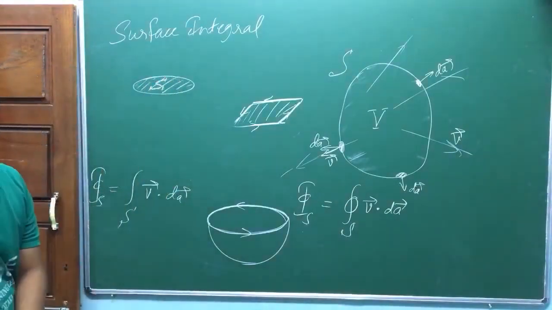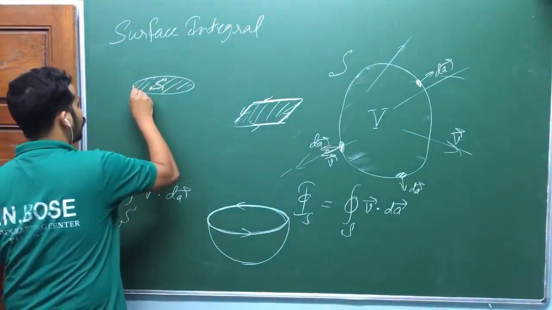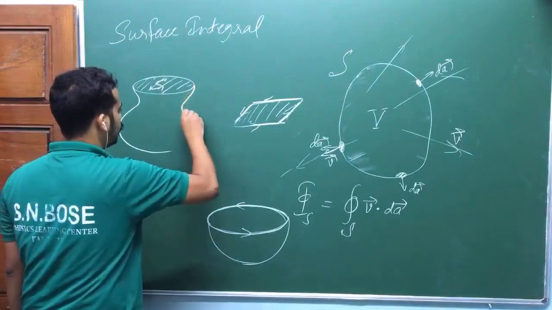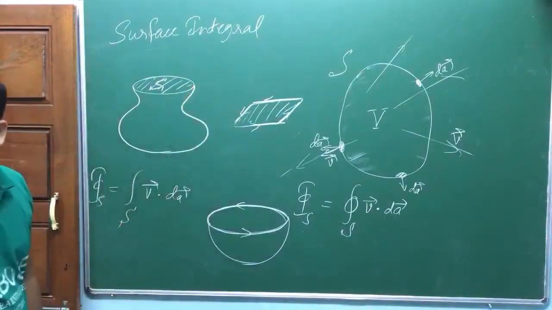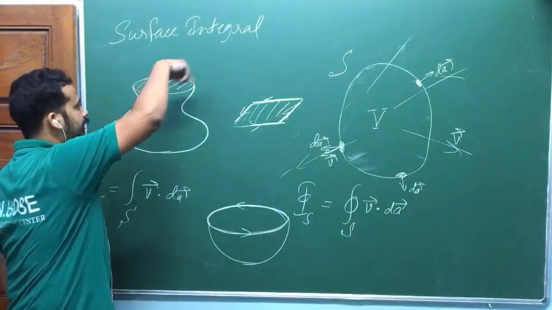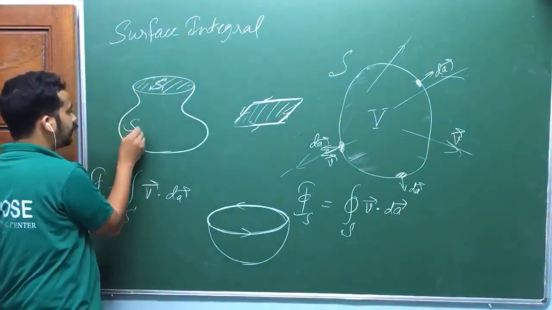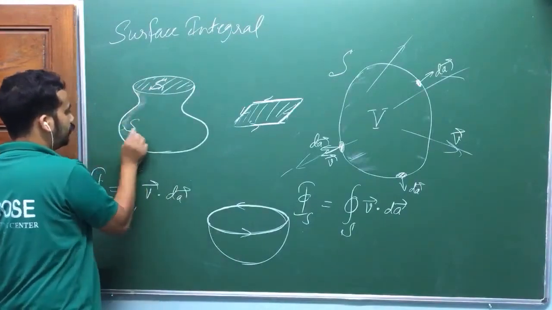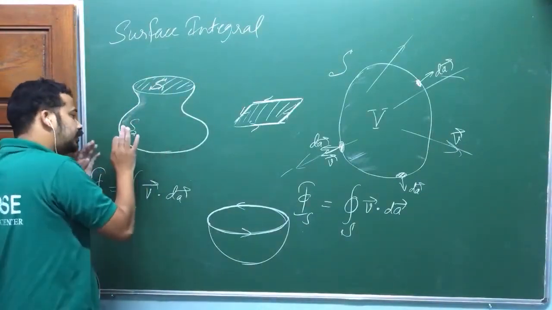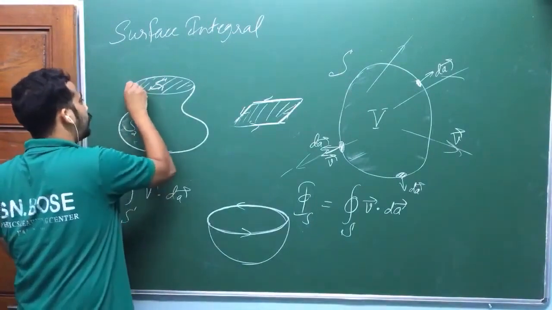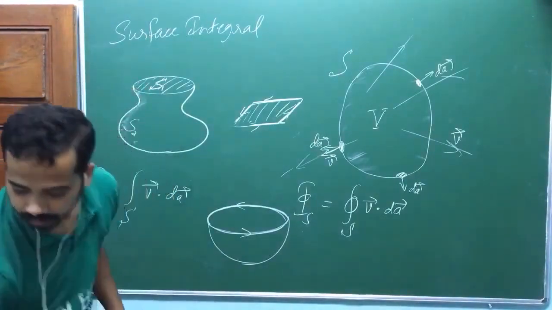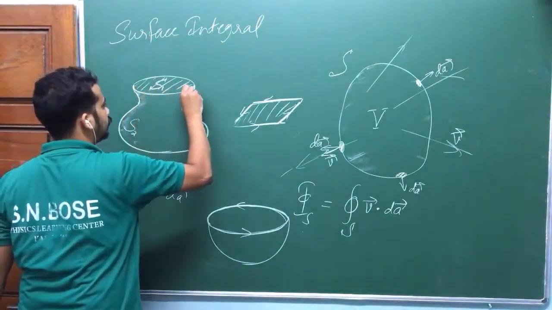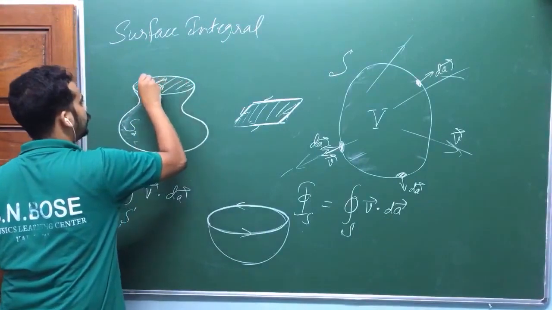Again using that circular path, I define a pot where this circular path is the neck. For this surface S2, the pot, this circular path is also the boundary line, isn't it? Can you imagine?